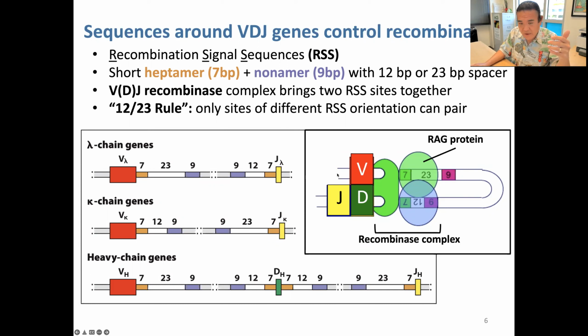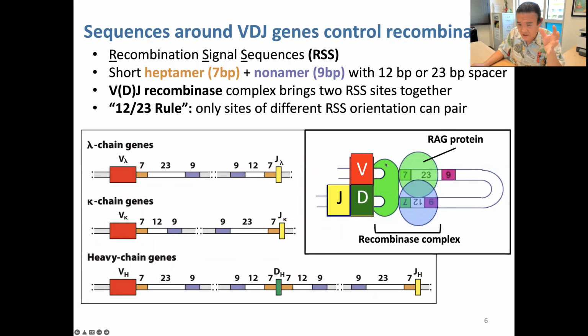So imagine then this DNA is looped around now. So instead of straight out, right and left, it's looped. Why? Because the recombinase complex recognizes these RSS sequences. For example, the one next to this red V block, there might be something like 35 or more of them potentially to choose from.